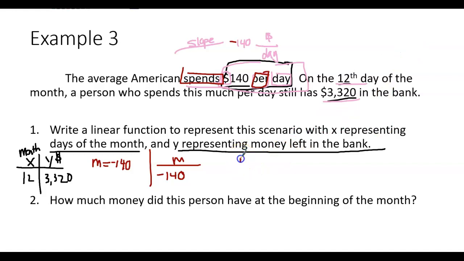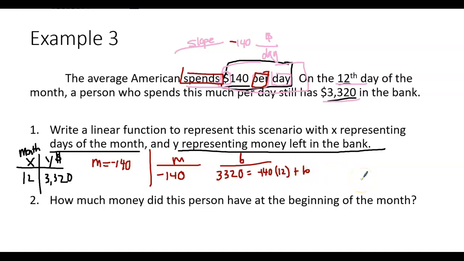All right, now we move on to the B part. So we're going to plug in the y value that they gave us. We're going to plug in the slope that they gave us, and the x value that they gave us. And we're going to go ahead and solve it from there.